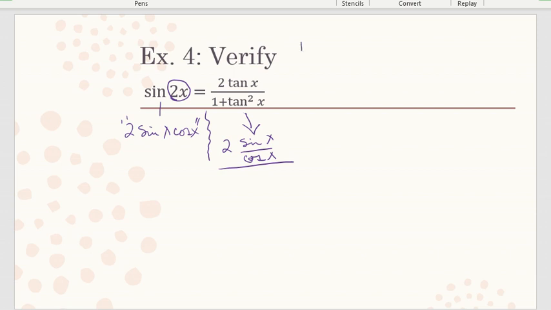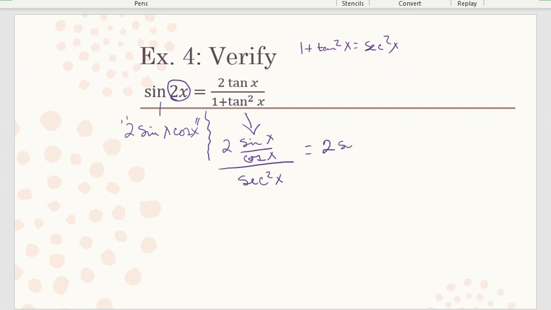Now that means that we have 1 plus tangent squared x equals secant x. So that means this is secant squared x. And secant squared will simplify, and then I'm going to inverse and multiply.